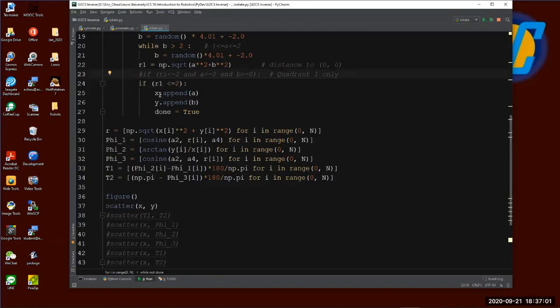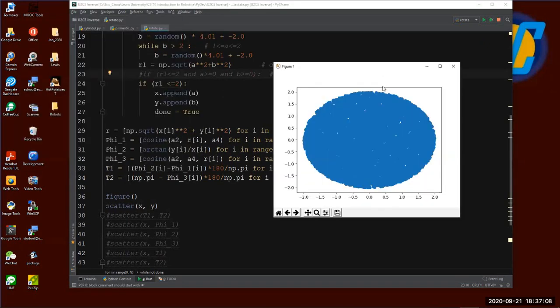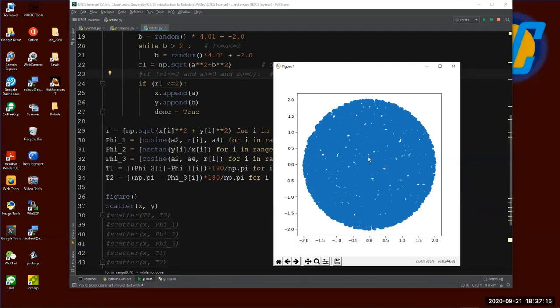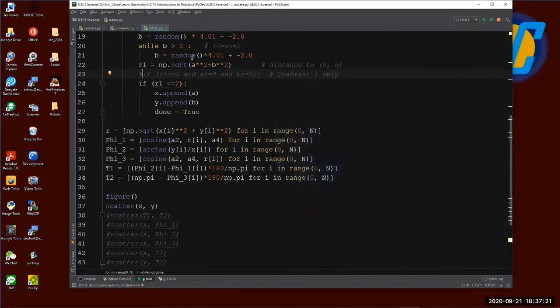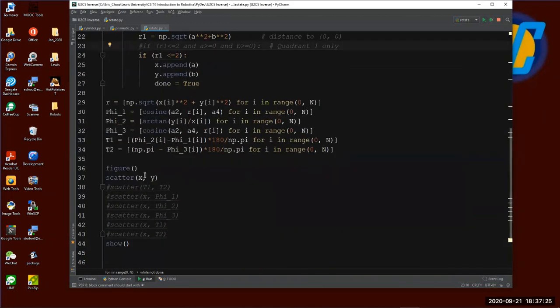You can comment out this line and open that line, and you can run it like this. You will see a circle. The original plot is not to scale, so you can pull it and it will be to scale and become a circle. So that shows you that about 10,000 points will be scattered out into our solution space.